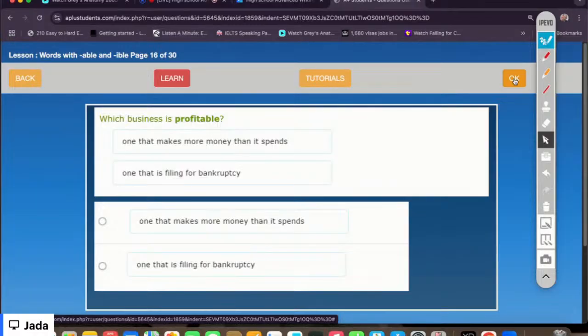Which is profitable? One that makes more money than it spends, or one that is filing for bankruptcy?